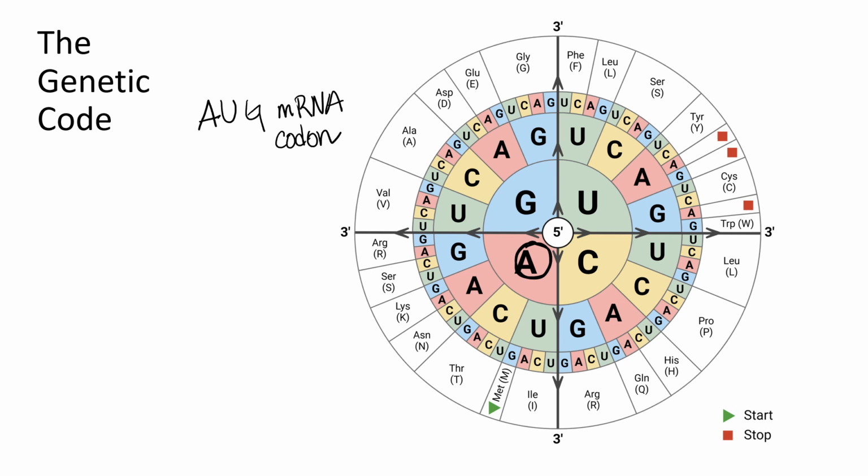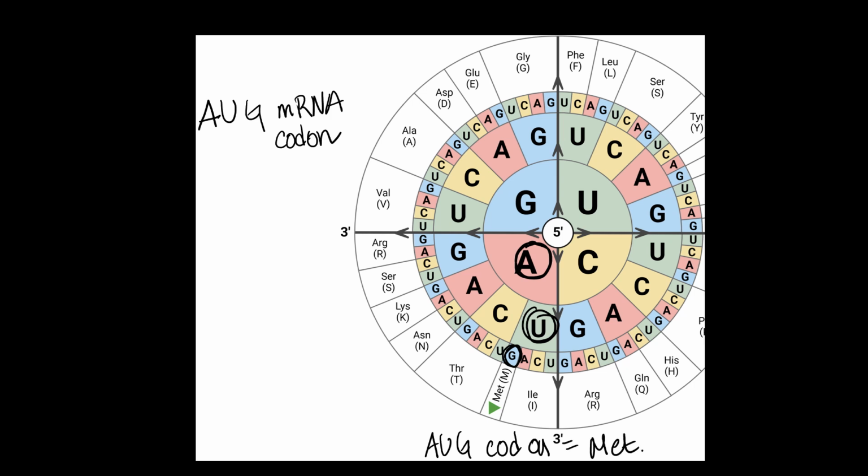Okay, let's move outward one circle, and let's choose U, which is in green, almost at the bottom of our circle. Let's move outward one more ring, and let's choose the G that's in blue. And the amino acid that corresponds to the AUG codon is methionine. And some of you might be thinking, but Amy, that matched to that other codon that we looked at on tRNA.